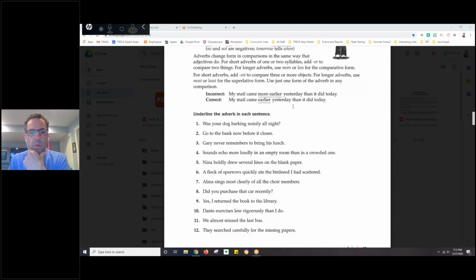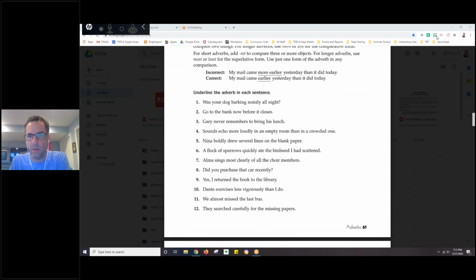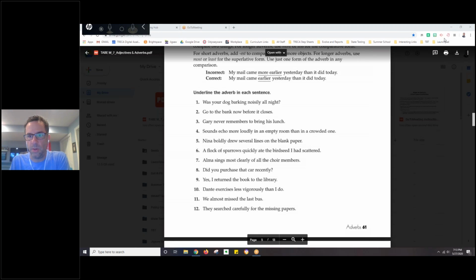For this one, we are underlining the adverb. I'm pretty good with adjectives, with adverbs a little bit more shaky. So you just go along with me, and all we're doing is looking for adverbs in this particular worksheet. This is on page 61.